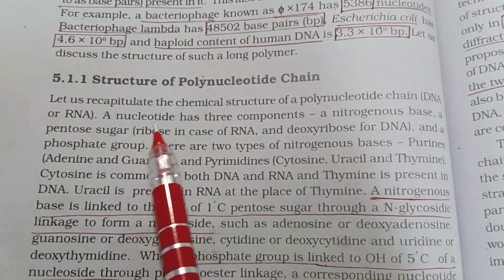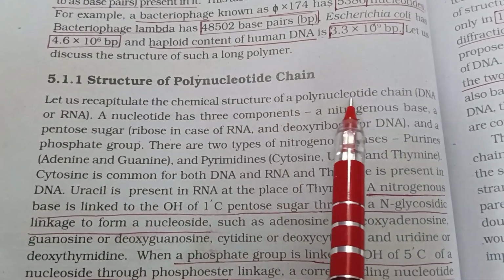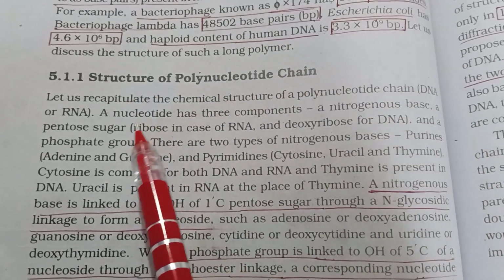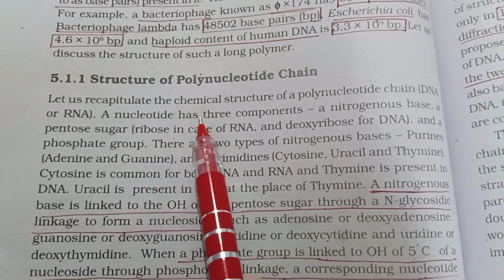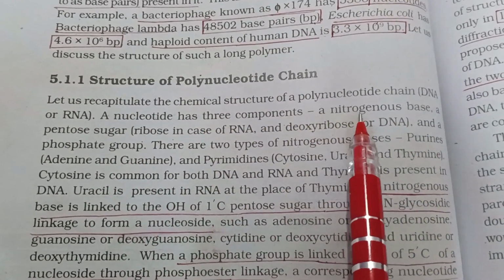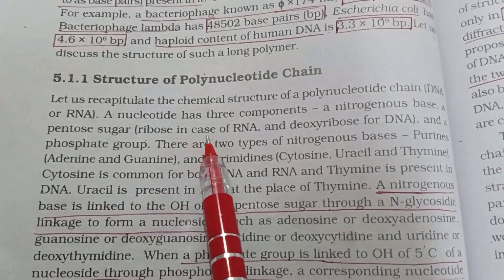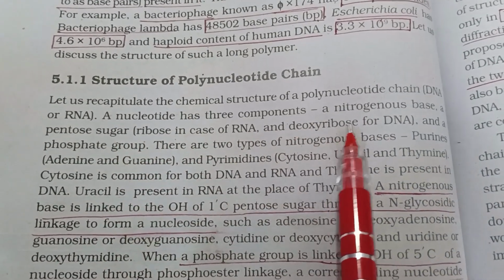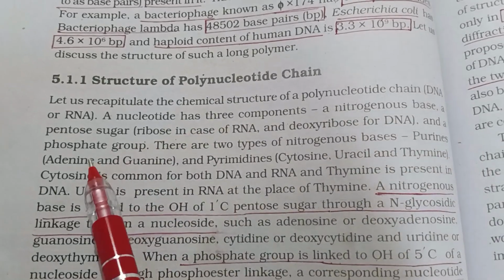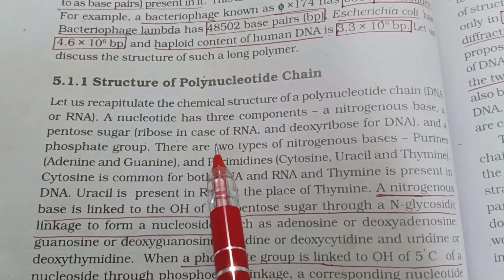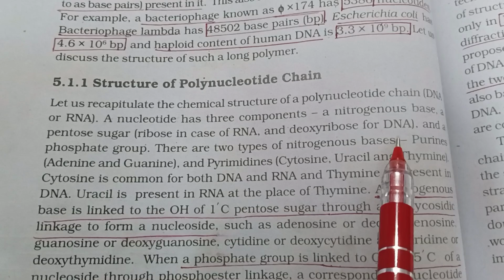Let us recapitulate the chemical structure of a polynucleotide chain, DNA or RNA. A nucleotide has three components: a nitrogenous base, a pentose sugar, which is ribose in case of RNA and deoxyribose for DNA, and a phosphate group. There are two types of nitrogenous bases.